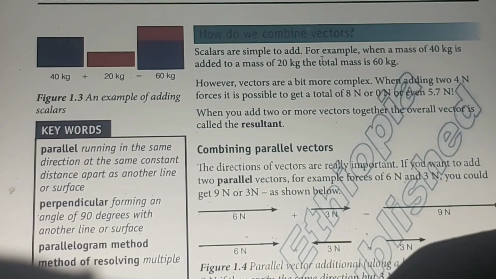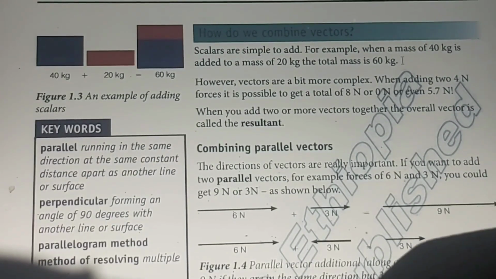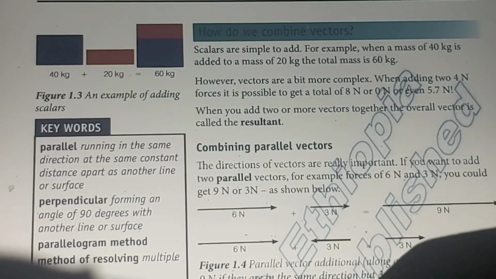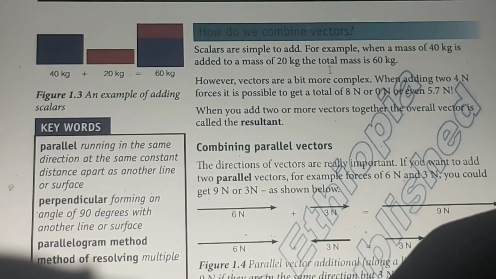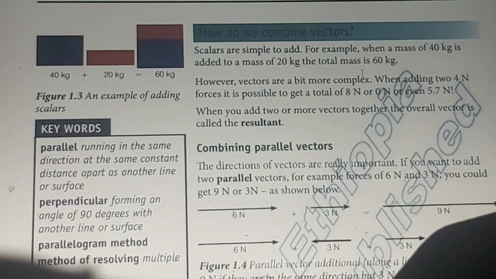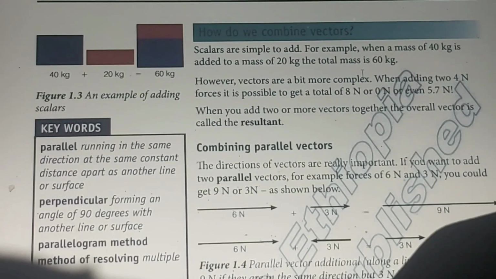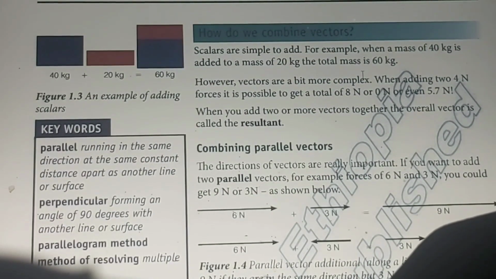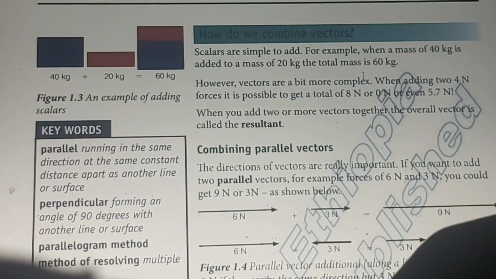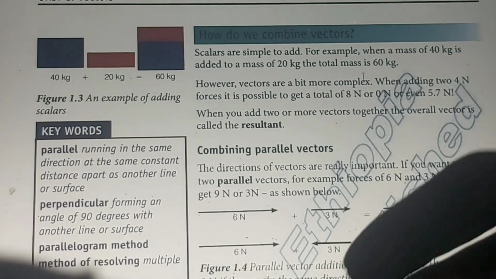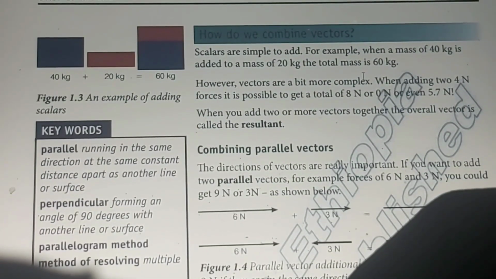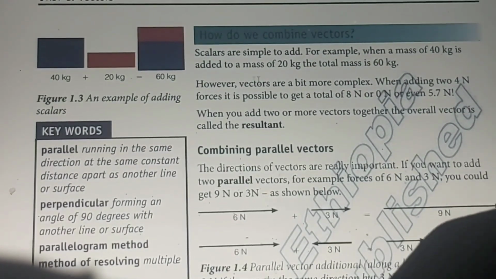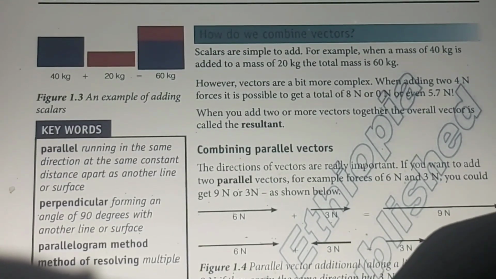For example, when a mass of 40 kilograms is added to a mass of 20 kilograms, the total mass is 60 kilograms. This is simply adding. There is no direction, so it is simple. Adding and subtracting scalars is very simple. But in the case of vectors, it is more complex.